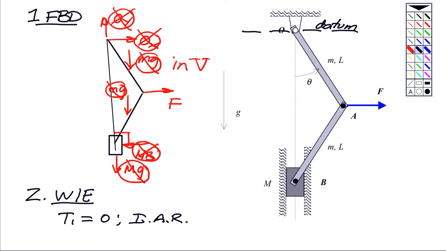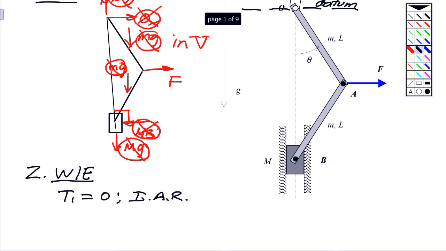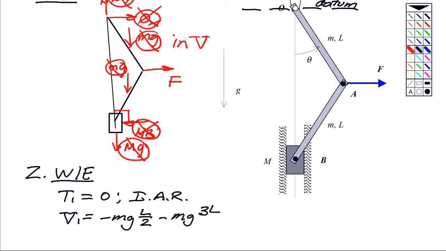So our datum line through O says that the potential for link OA is going to be minus mgL over 2, the minus sign because it's below the datum line. For AB, it's going to be minus mg 3L over 2, again minus because it's below. And for B, it's going to be mg times 2L. Again, this is the initial state.